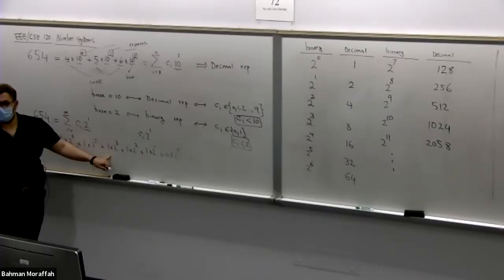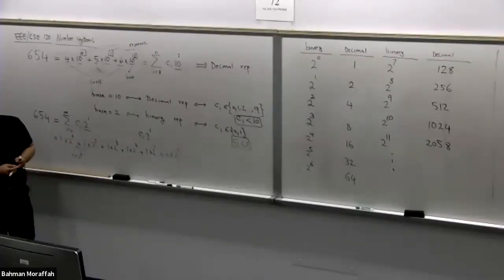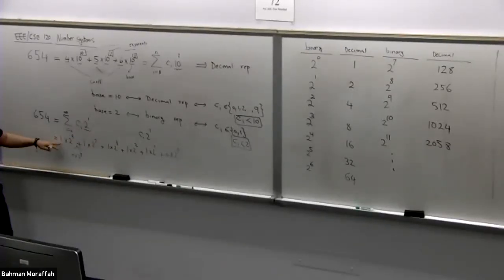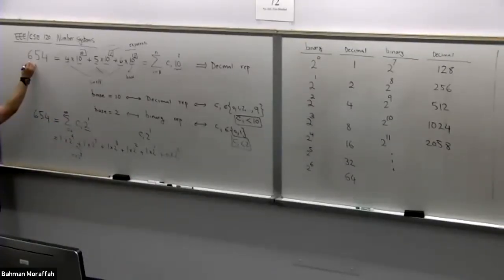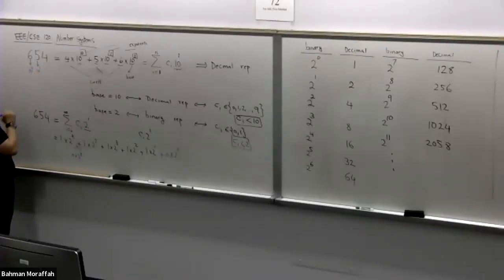Right? So what is the binary representation? Well, I just need to read off these numbers. If you look at it here, this one corresponds to 10 to the power 2. This one corresponds to 10 to the power 1. And this corresponds to 10 to the power 0.